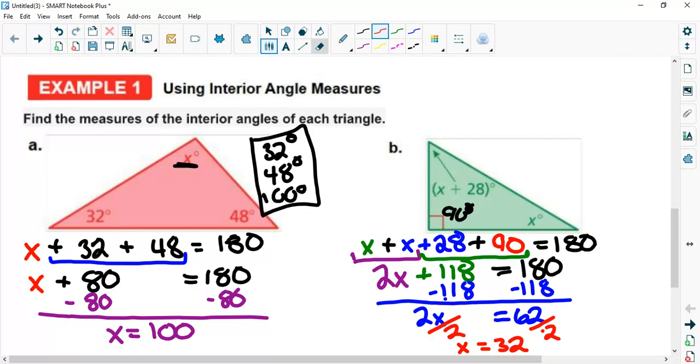Take that back. It's 31. Got to be careful with my own math. So this triangle, its three angles: I have 31, I have 90 degrees, and then the last one said x plus 28. So that becomes 31 plus 28. So my third angle is 59 degrees.